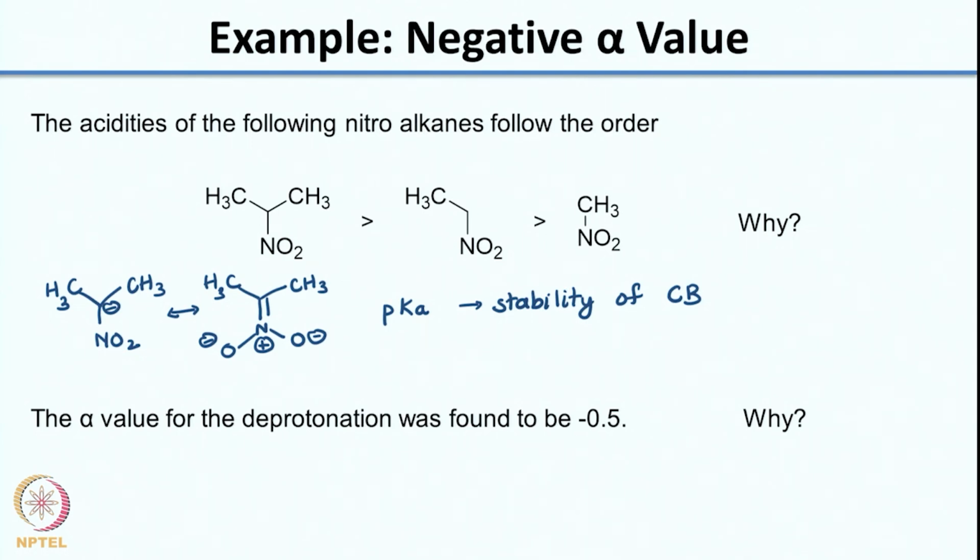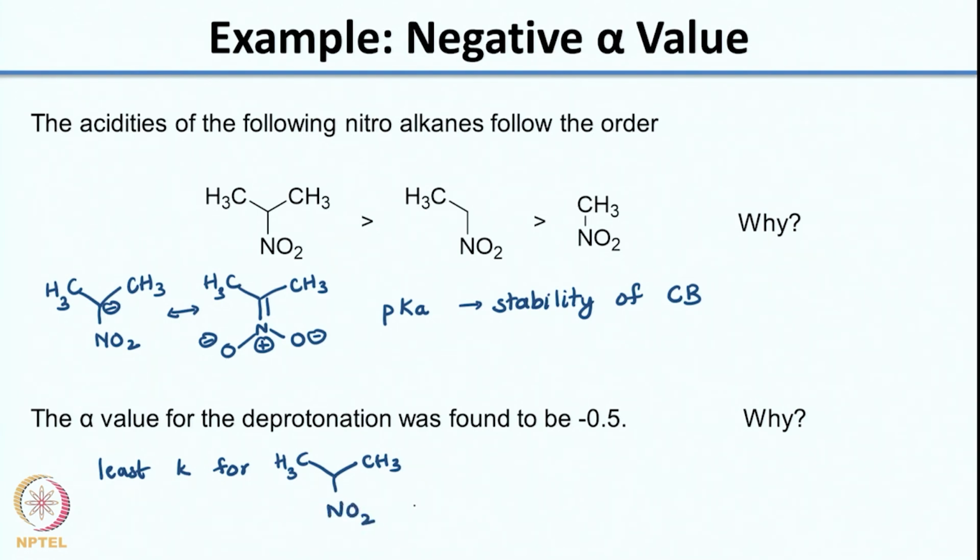Now, what is seen is that the alpha value for the deprotonation was found to be minus 0.5. So, what does that mean? It means that the kinetics for the deprotonation follows the reverse order of the acidity. In other words, it is least for the most acidic nitroalkane. And why is that?